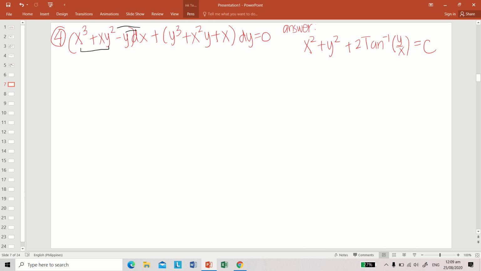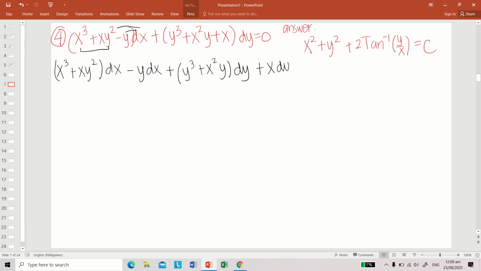So we're going to have x cubed plus xy squared quantity dx minus y dx plus we're going to have y cubed plus x squared y dy, and then plus x dy is equal to 0.